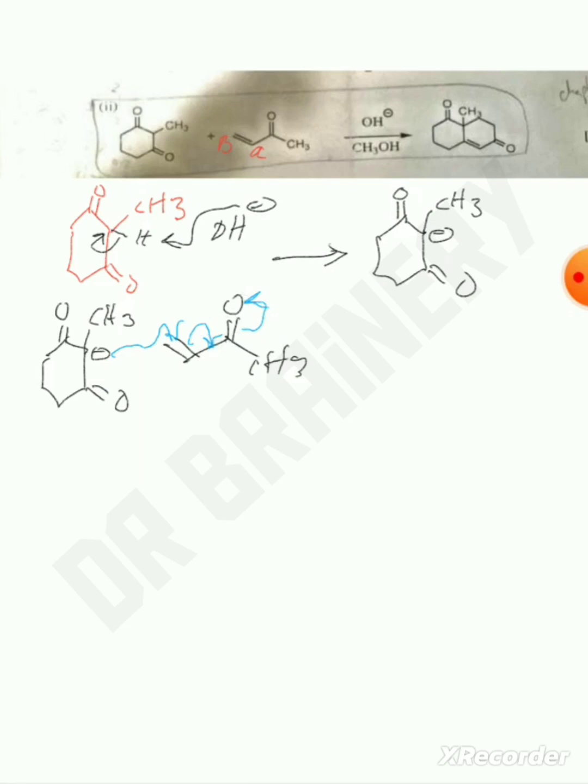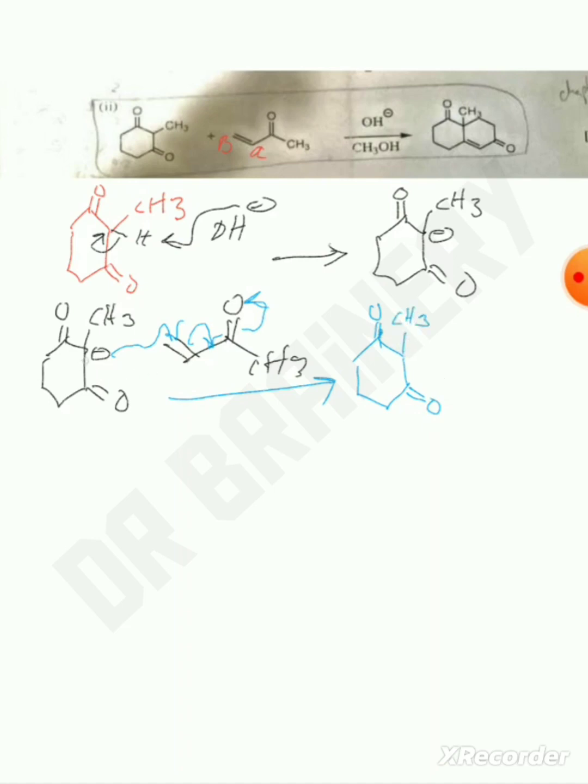So this one has to open to become a single bond. So this bond will shift to that. How? I'm going to have something like this, like that. Then here to be something like this.